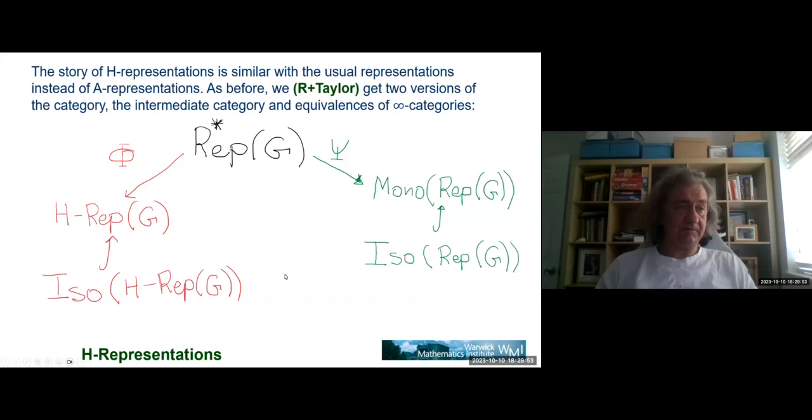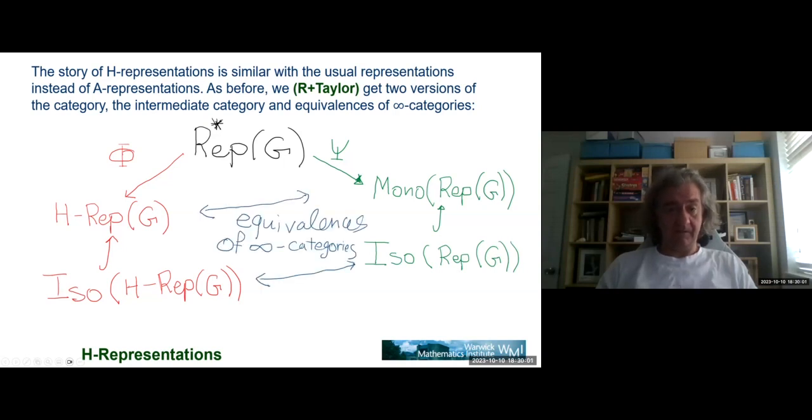Inside these two categories, there is a strong version of H representation and the category of isomorphisms inside representations. And here we have equivalences of infinity categories.